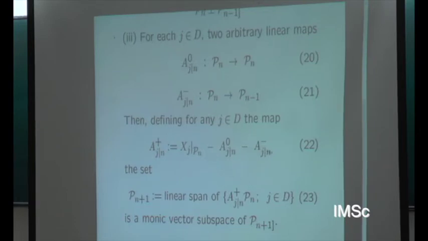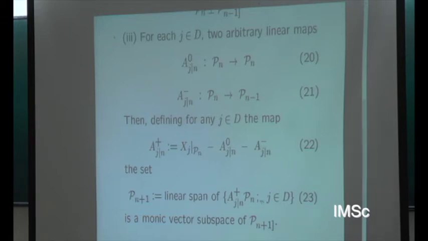Then this is the crucial point. Remember, when this is a preservator and this is an annihilator, this is a necessary condition on the creator. The creator must have this form if it exists. Then I define the linear span of the creator.